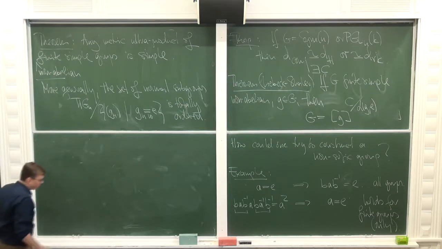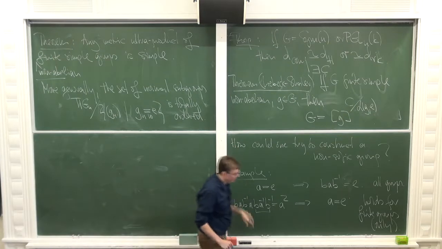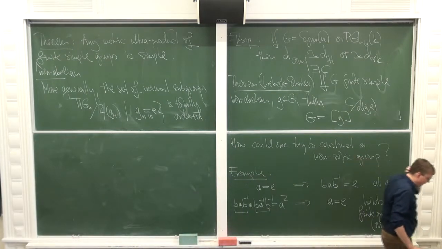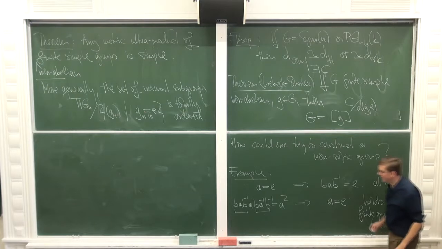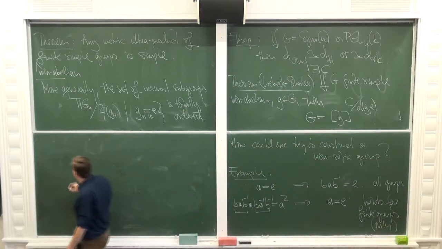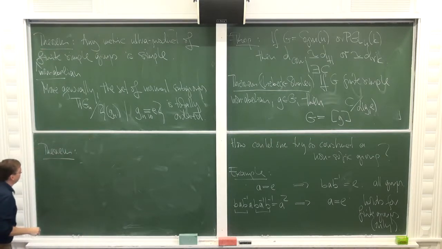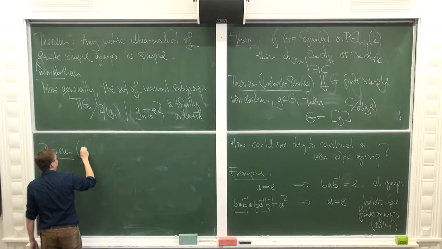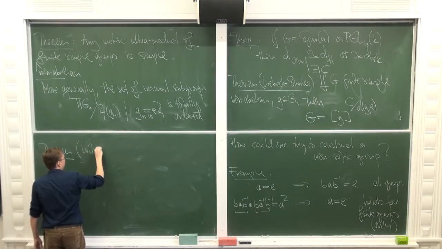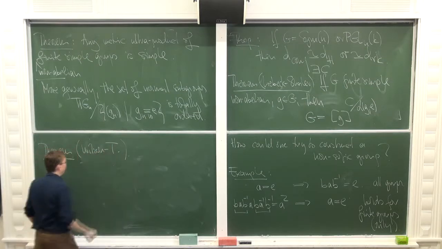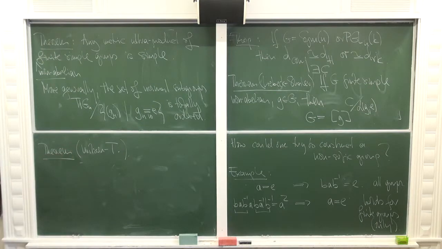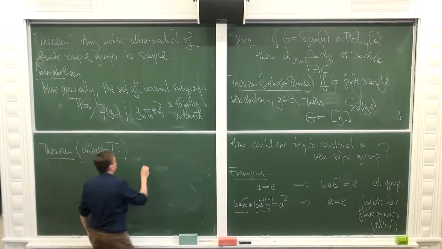What I think is very interesting is to understand these ultraproducts and, for example, try to distinguish them. There is one result in this direction which I want to mention, which I showed with John Wilson. We showed that the ultraproducts corresponding to general linear groups defined over fields with different characteristic are not isomorphic to each other.